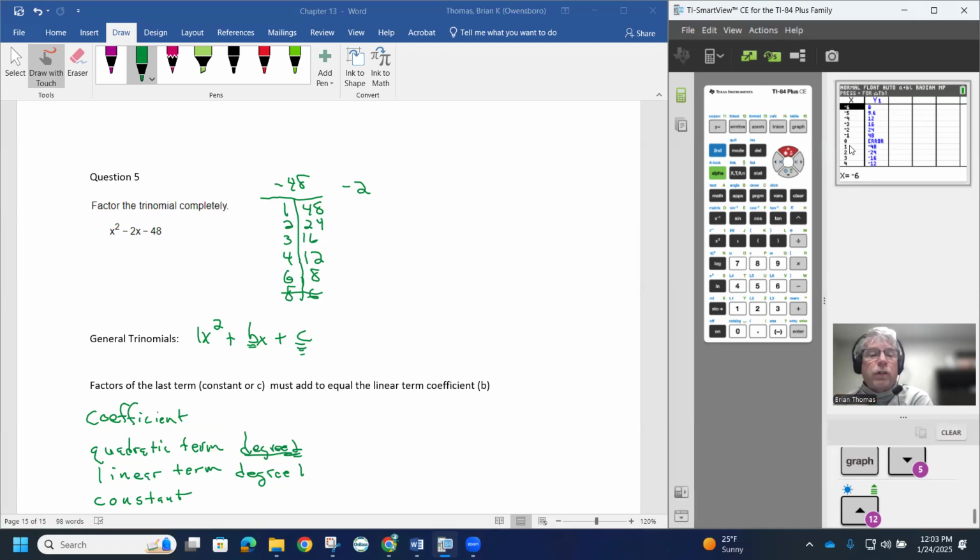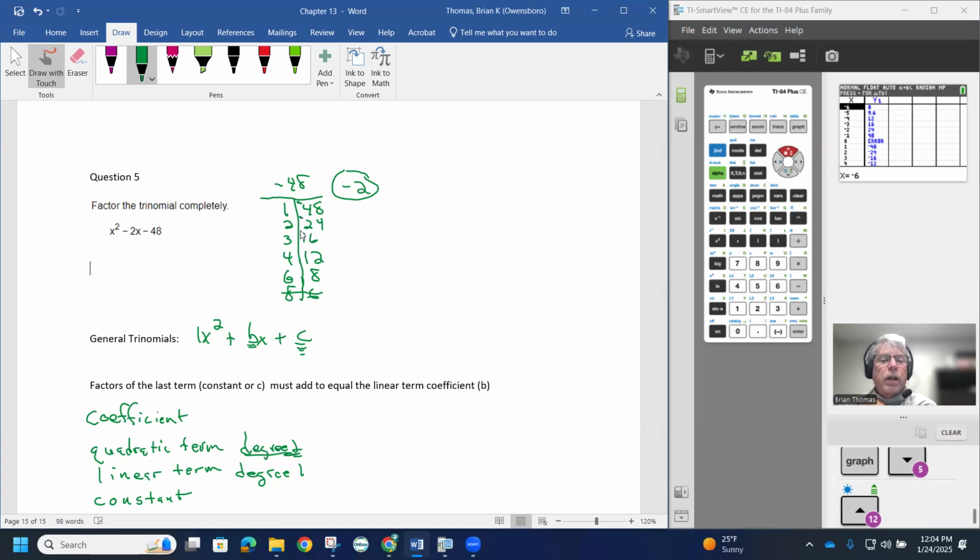So the catch is we need a -48, but we have to add up to get a -2 here. So, to get a -48, if you don't want to make it too complicated with the table, you can just use your logic here. To get a -48, one of these sides has got to be negative. But since this is a -2, this is telling me that the left side's got to be negative.